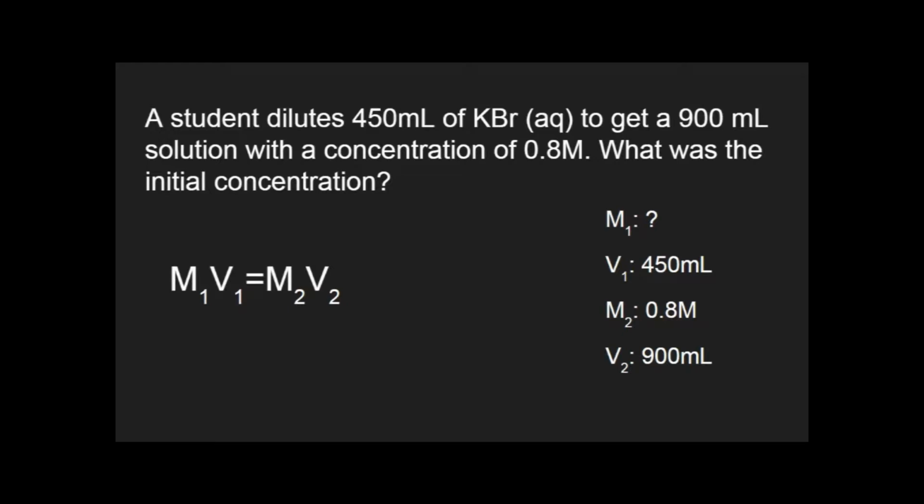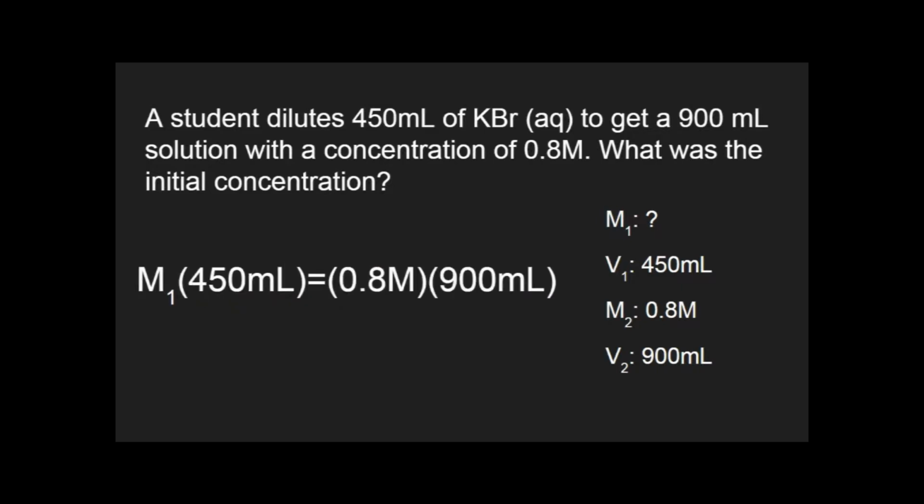What was the initial concentration? First, I'm going to write out my equation, M1V1 equals M2V2, and then list my givens. We know that the initial volume is 450 milliliters, the new concentration is 0.8 molar, and the new volume is 900 milliliters, and we are looking for the initial concentration.